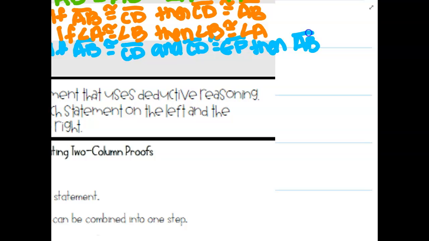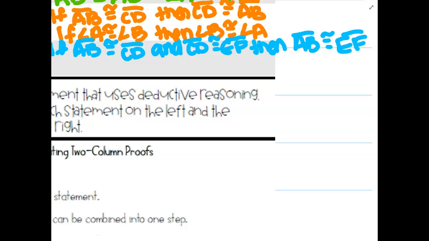Segment AB is congruent to segment EF. AB is congruent to CD, and CD is congruent to EF. Well, then AB would have to be congruent to EF.